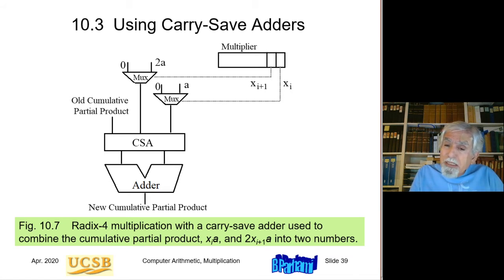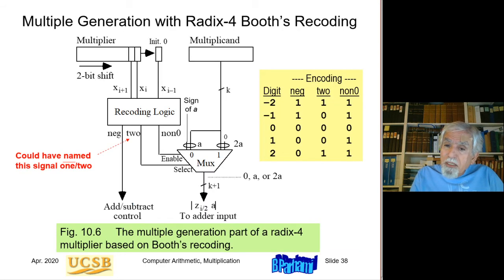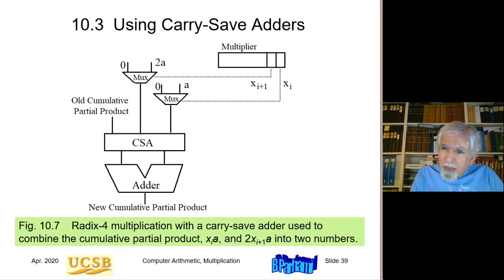So because this design uses standard, highly used building blocks, multiplexers and full adders, it's more likely to be advantageous compared with this one, because this requires this custom recoding logic, which is used nowhere else other than for Booth recoding. Okay, so it's likely, although there are exceptions, that this design is better.